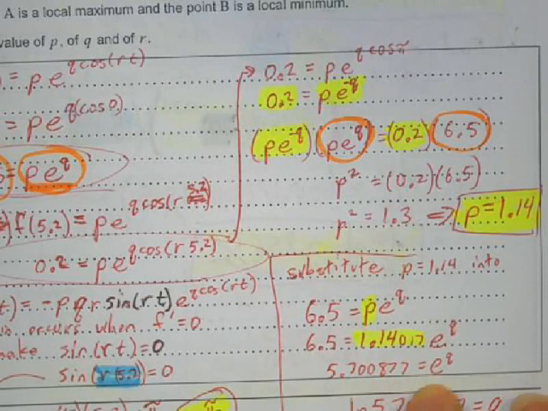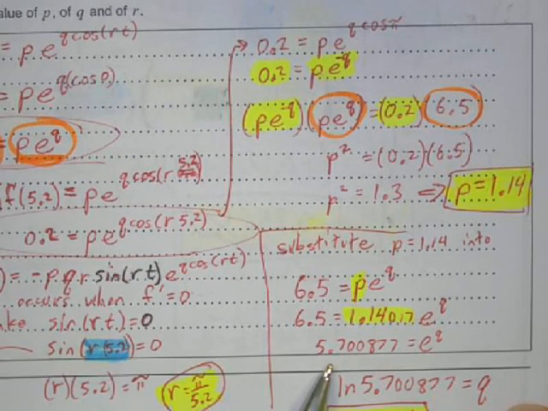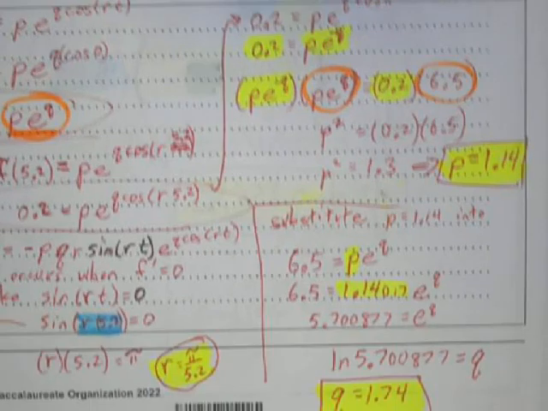And then I can convert this exponential to log, and I would get natural log of 5.7 is going to be equal to q. Okay, and so there is q.